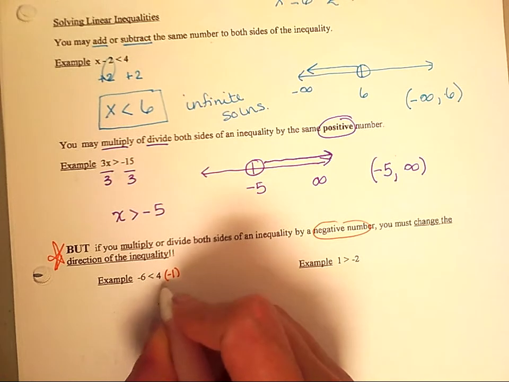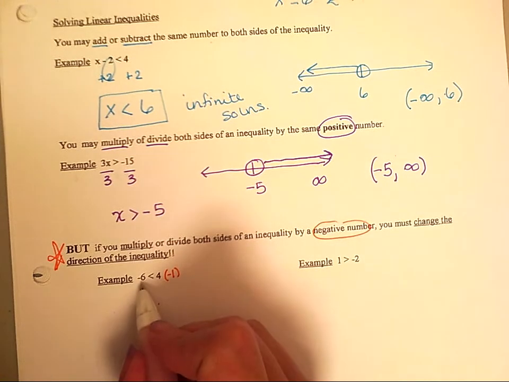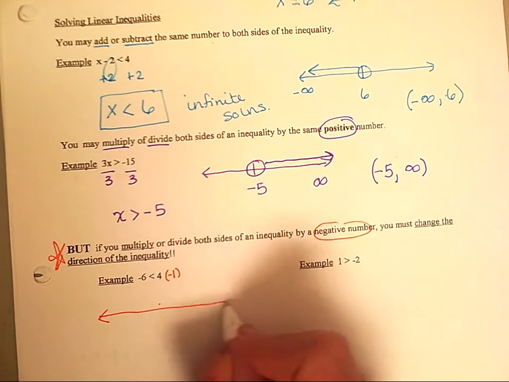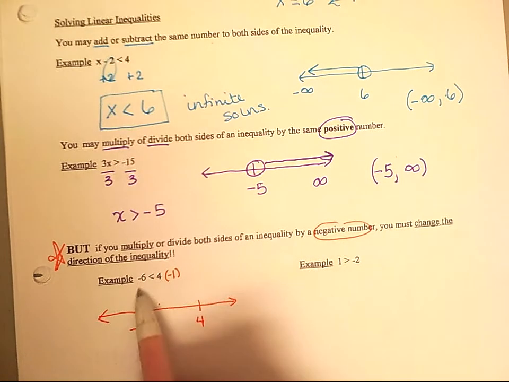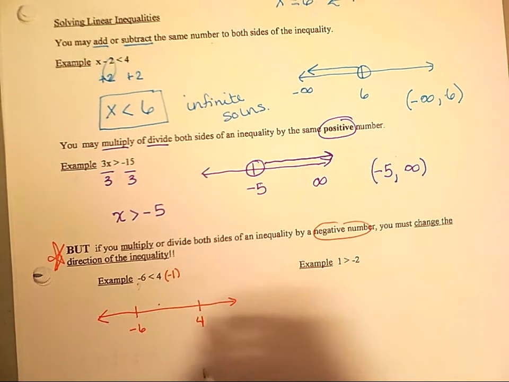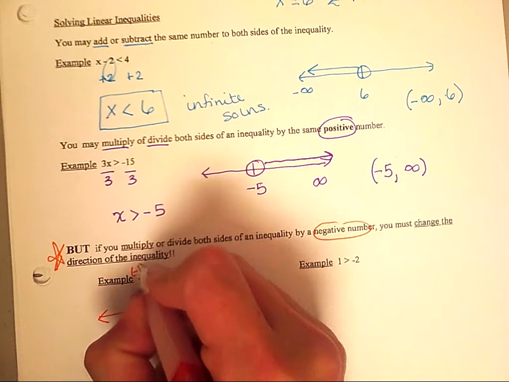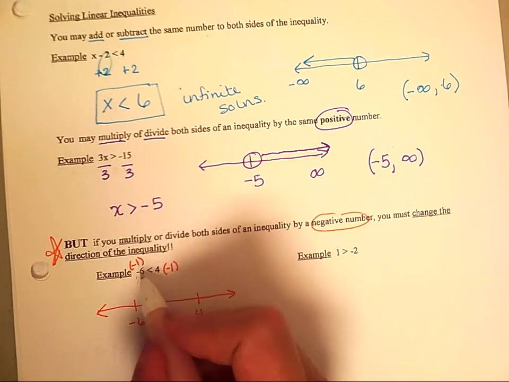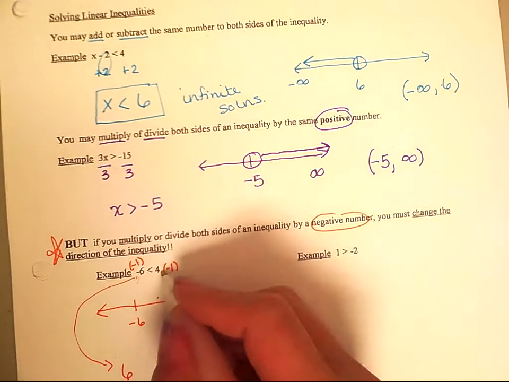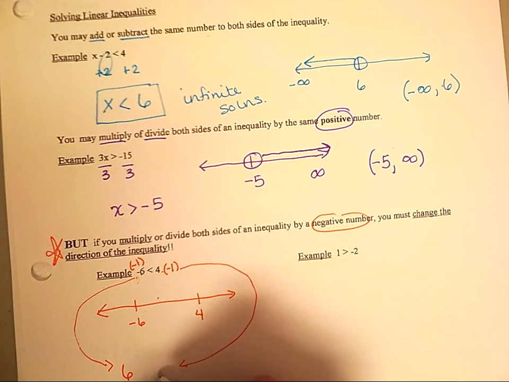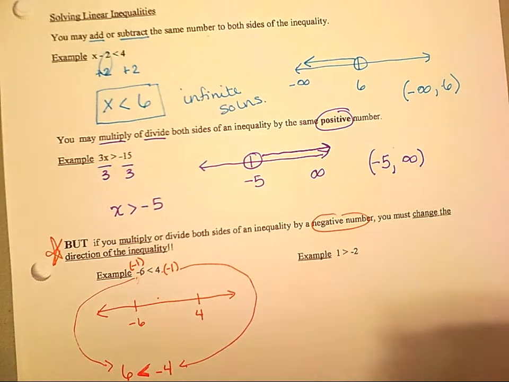Right now this is a true inequality. -6 is down here, and +4 is here. So -6 is less than 4. Okay. But if I multiply by a -1, this side now reads +6 and this side now reads negative 4. Okay. If I leave the inequality the same, this is not true.